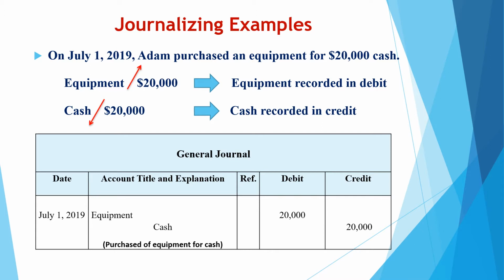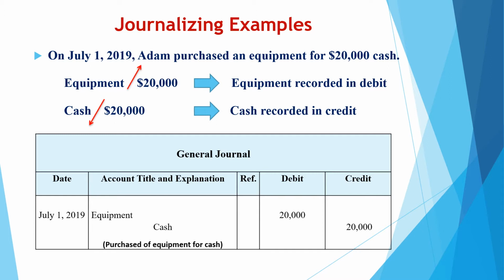In our example, the account that should be debited is the equipment. That's why equipment is recorded first, at the top at the extreme left margin. And the amount of the equipment is 20,000 in the debit column as well.